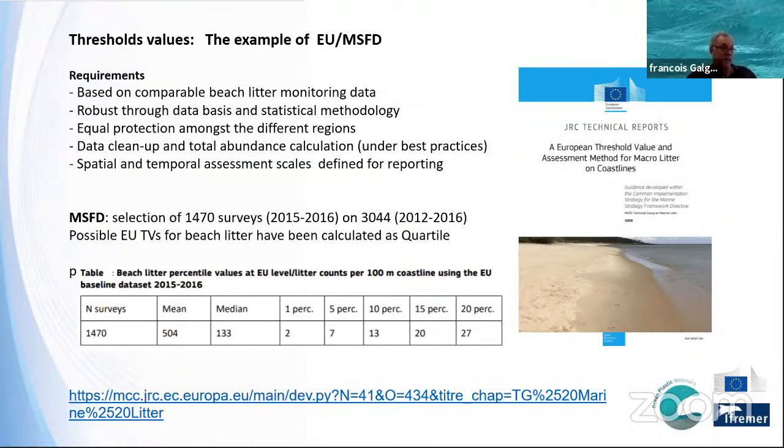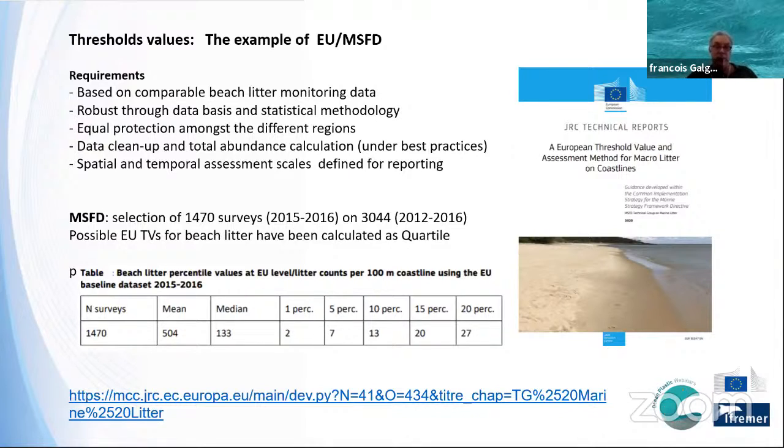Also, the data had to be clean, and the different assessment scales well defined. So within the MSFD, we selected 1,470 surveys for the 2 years, 2015 and 2016. It was something like half of the data that were retained, just because of robustness.